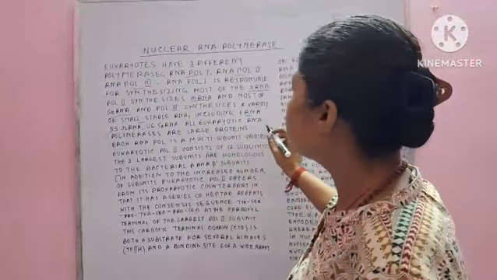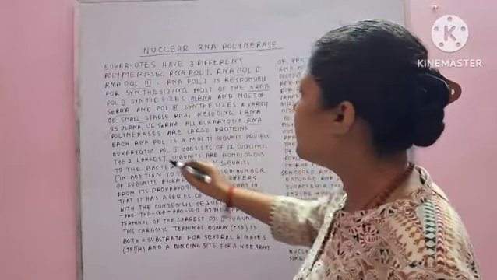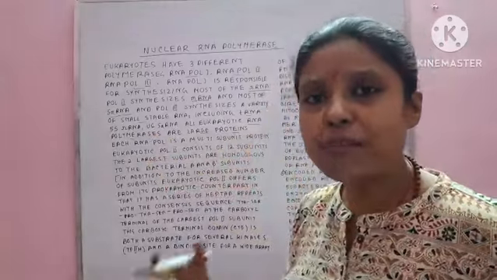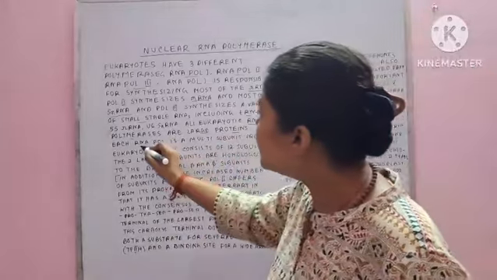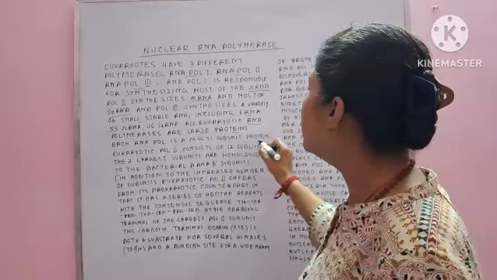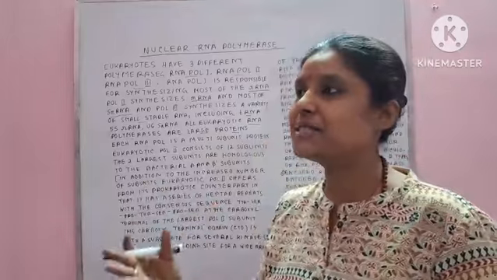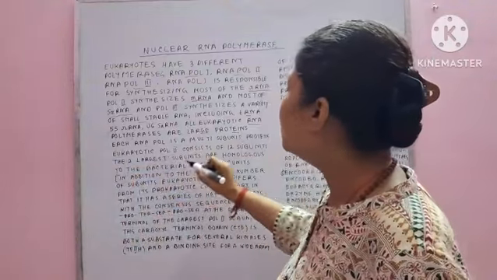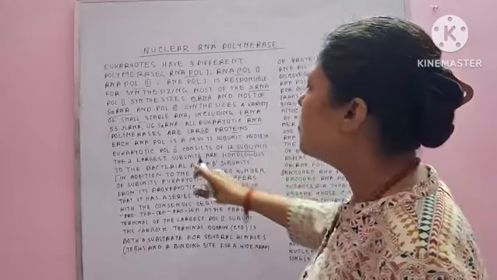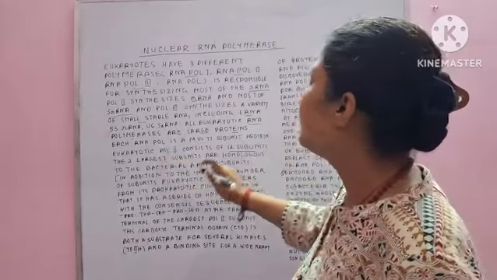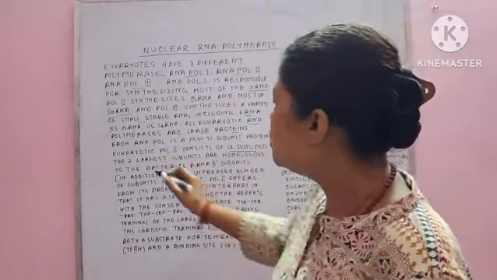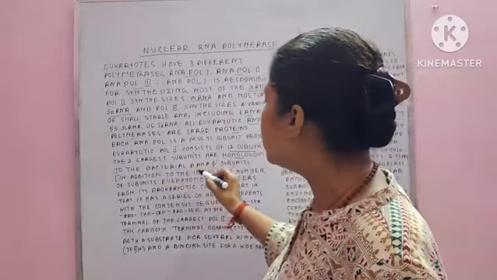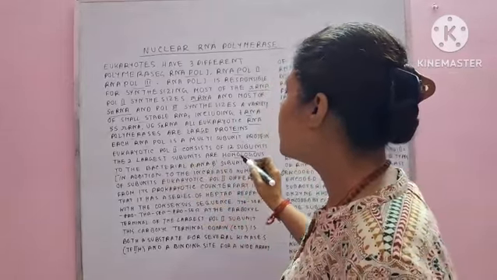Now here is the thing: the eukaryotic RNA polymerases are large proteins. That means each RNA Pol is a multi-subunit protein, made up of different subunit proteins. The eukaryotic Pol 2, that means RNA polymerase 2, consists of 12 subunits, and the two largest subunits are homologous to the bacterial beta and beta dash subunits.